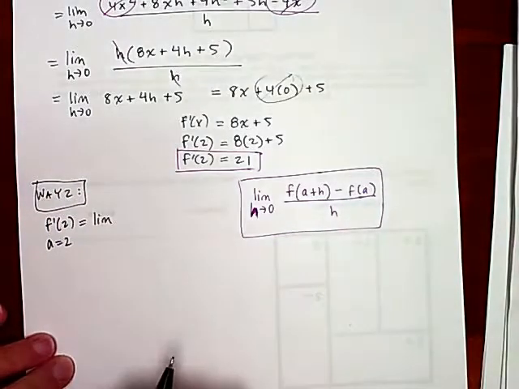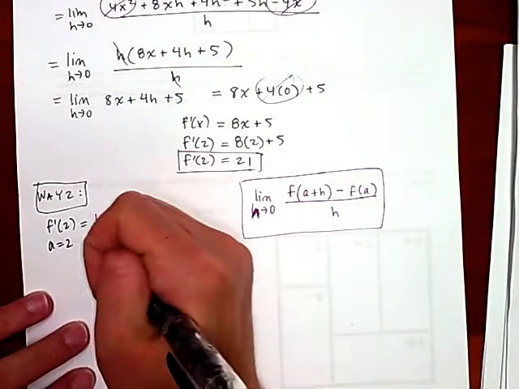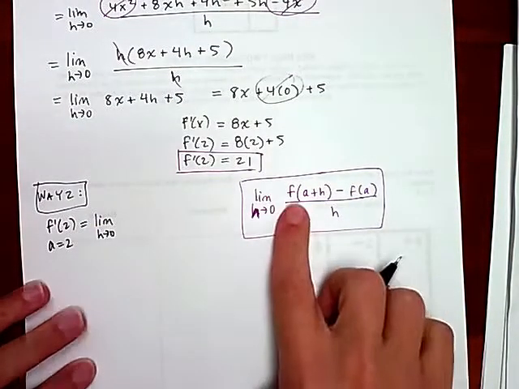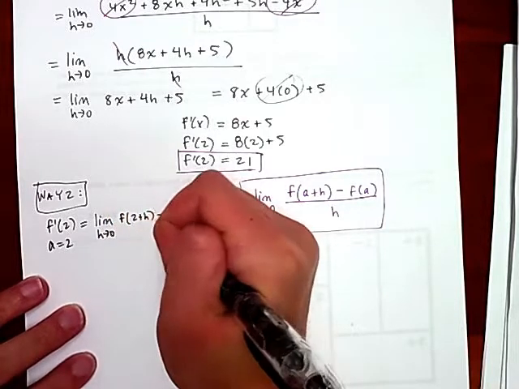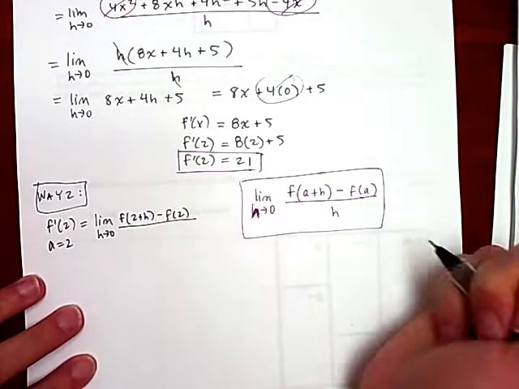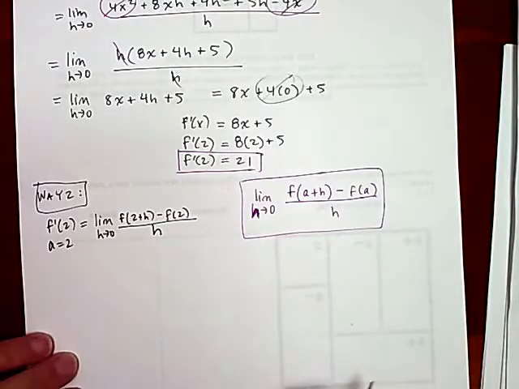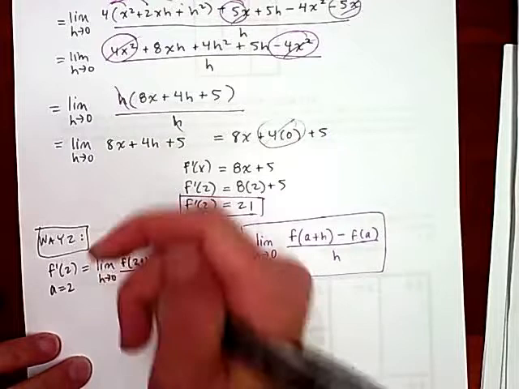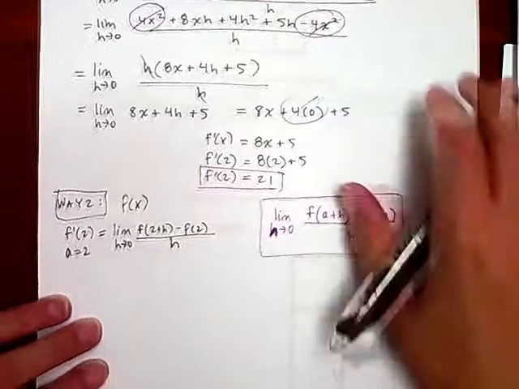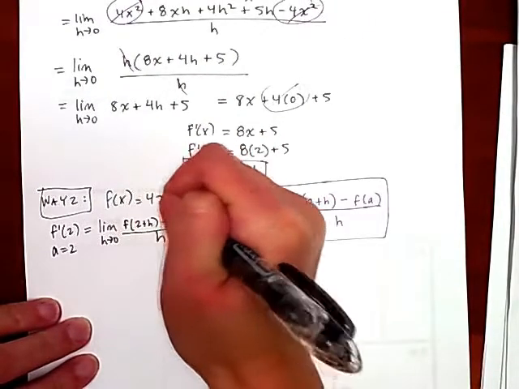Oh, I have to come up with a function. Oh, no, we're using the same function, right? The limit as h goes to 0 of f of a plus h, that means f of 2 plus h, minus f of 2, all over h, right? So what is f of 2 plus h? Well, I'm just going to write f of x here so I don't have to keep scooting up. F of x is 4x squared plus 5x.